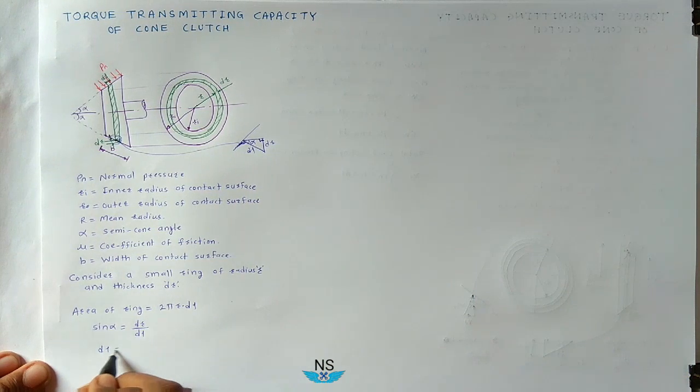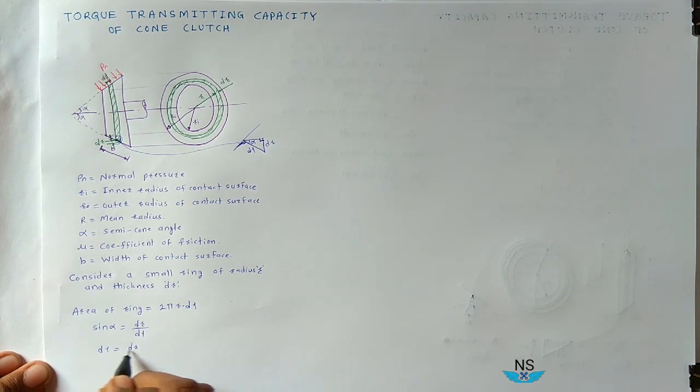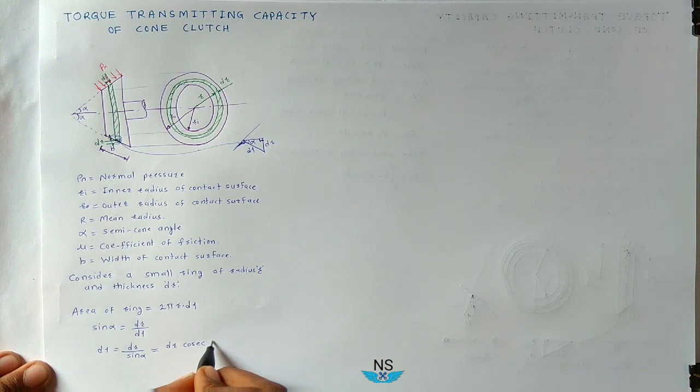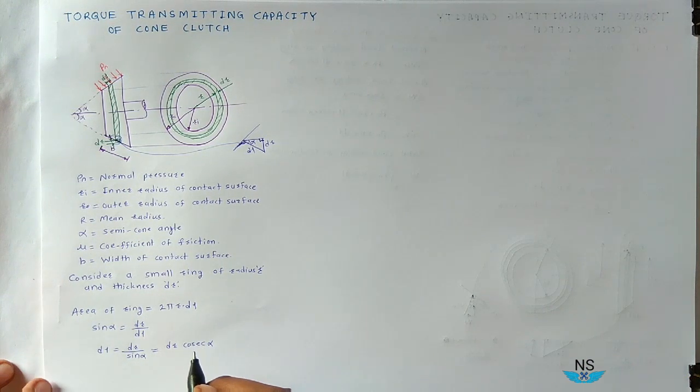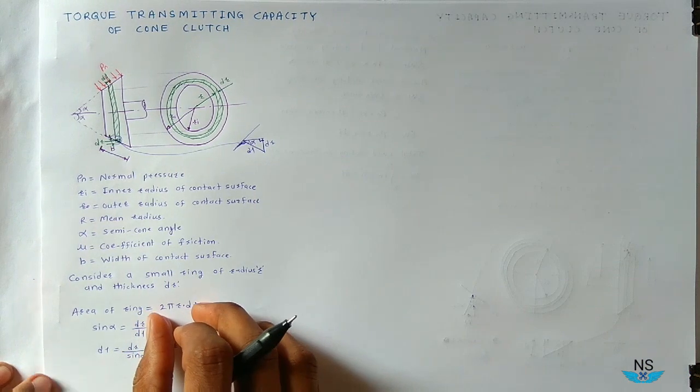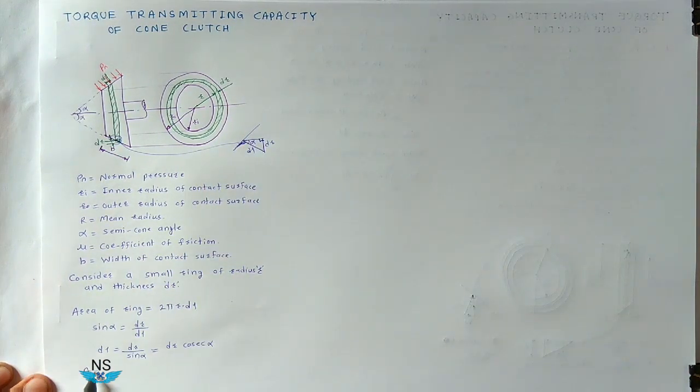So dl is equal to dr divided by sin alpha. 1 upon sin alpha is nothing but cosec alpha. So dl is equal to dr cosec alpha. Put the value of this dl in this equation. So the area is equal to 2 pi r into dr cosec alpha. This is equation 1.